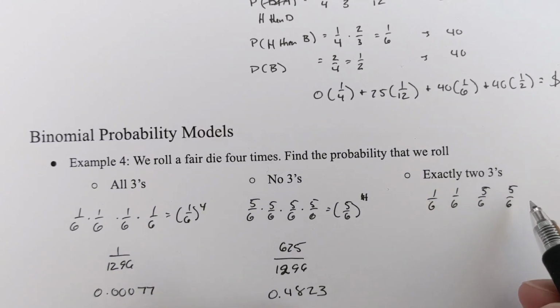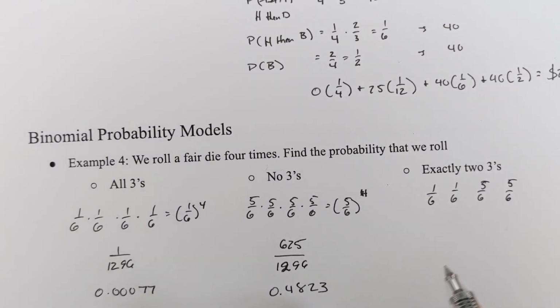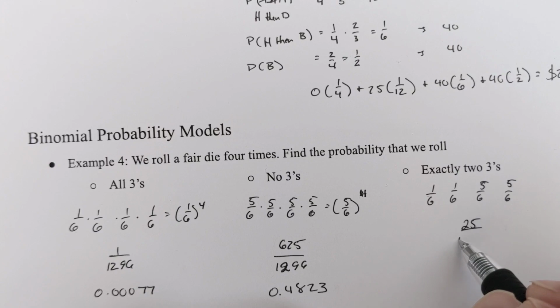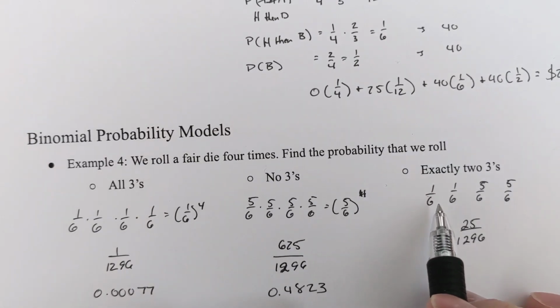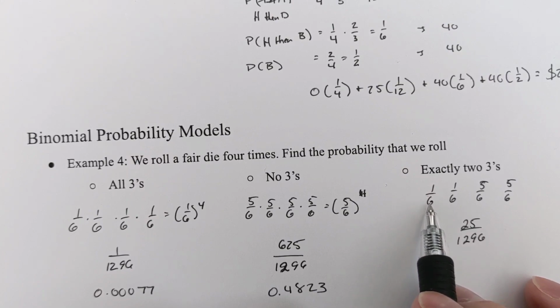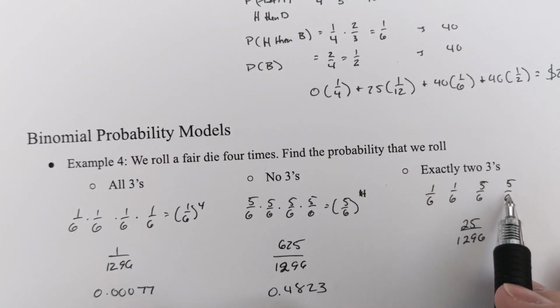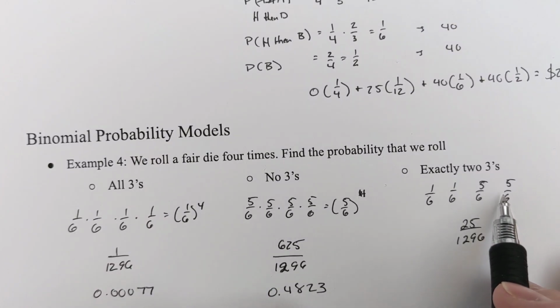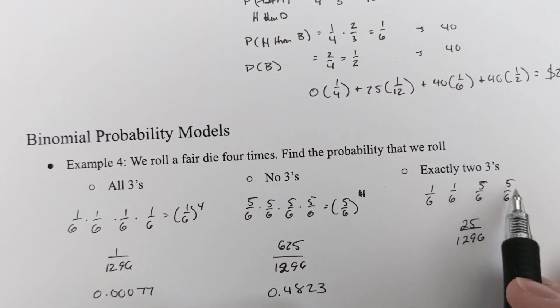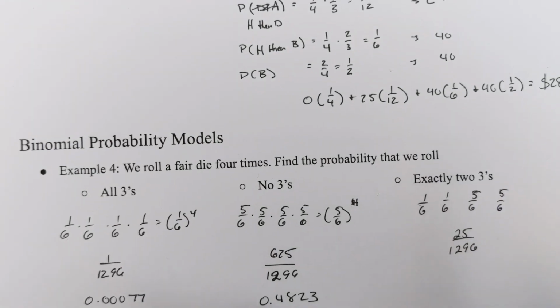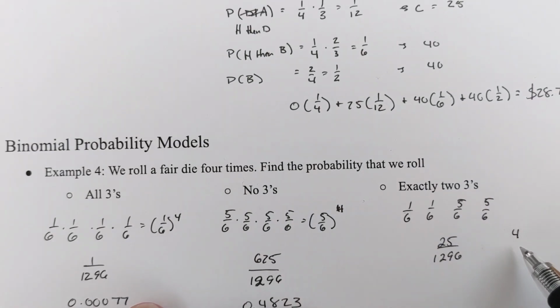So the 3s, the not 3s. So that'd be 25 over 1296. The problem is, though, this is assuming our 3s come in the first 2 dice. It could also be first and third, or first and fourth, or second and third, and second and fourth, or third and fourth.